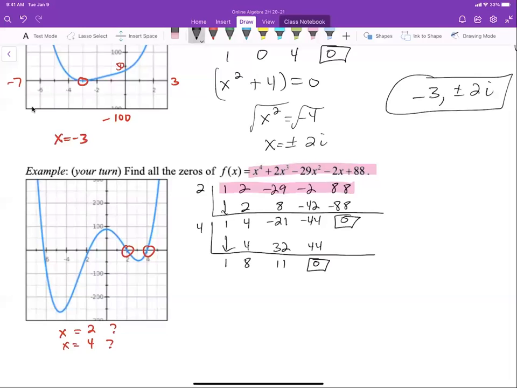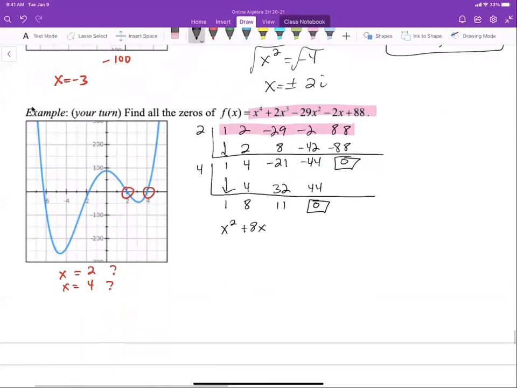What am I left with now? I have x squared plus 8x plus 11. Can I find two numbers that multiply to 11 and add to a positive 8? And the answer is no. So I have to use my quadratic formula.